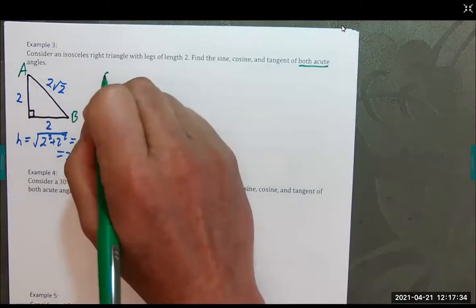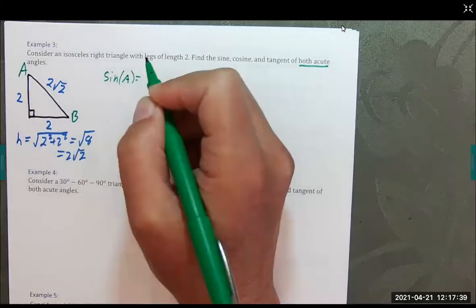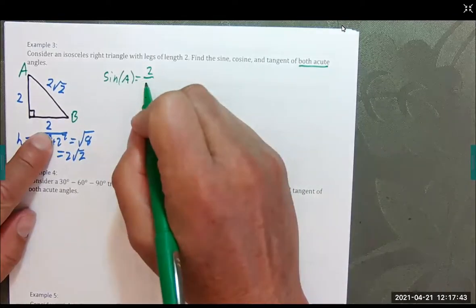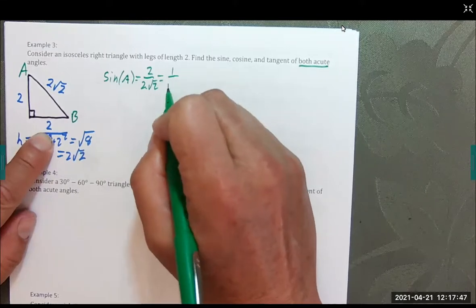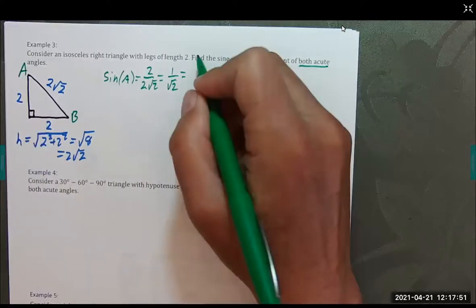So sine of A, again, is the opposite. So here's A, opposite 2 over 2 root 2. The 2's reduce out, and we actually get root 2 over 2.